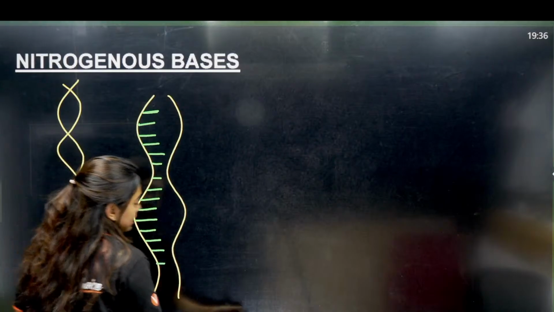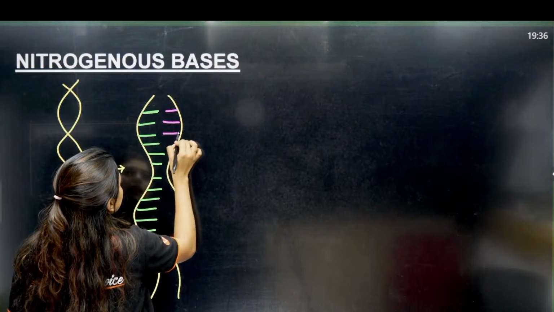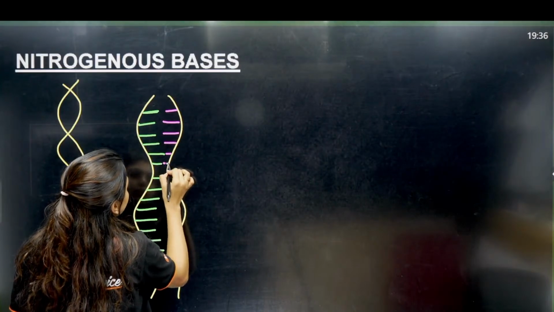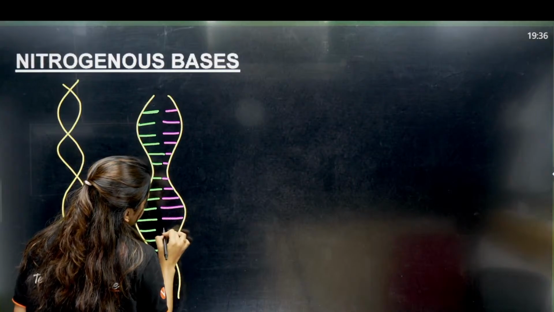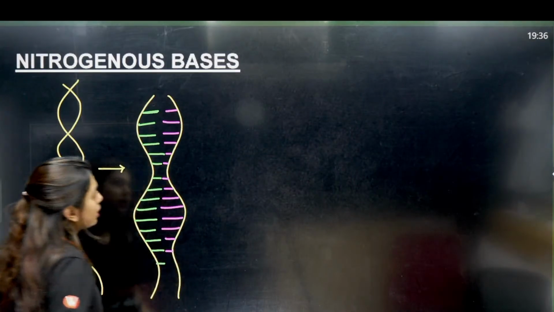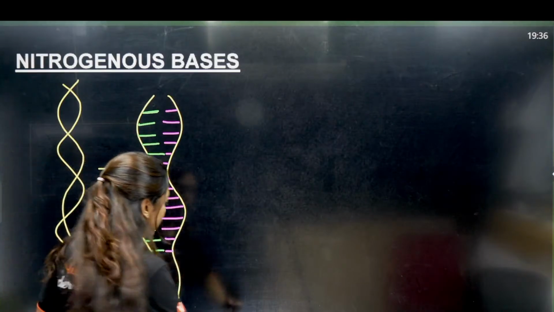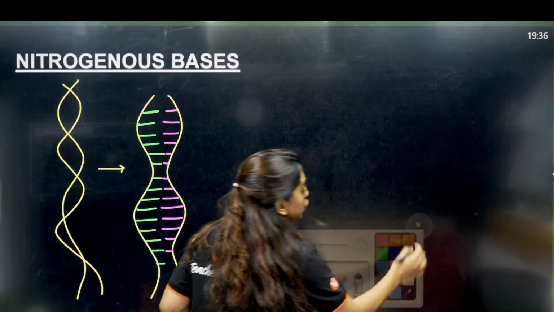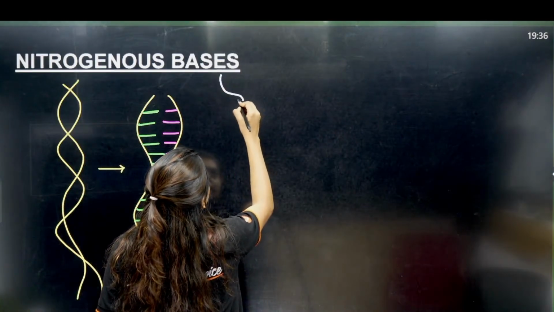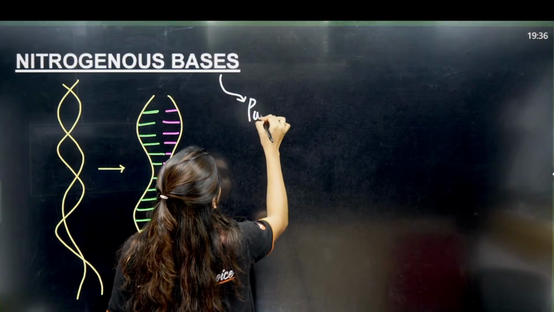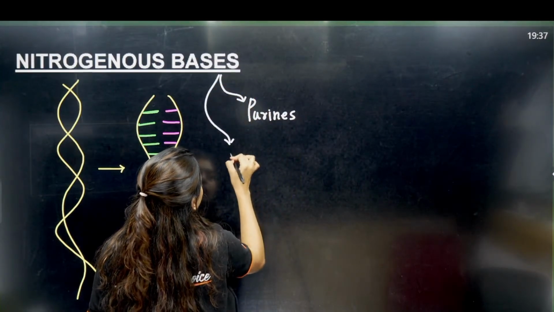This is how your bases are going to be arranged. Same thing on the other side, and between them a hydrogen bond is going to be there. So the bases are going to project inwards. Remember that nitrogen bases are mainly divided into two categories: purines and pyrimidines.